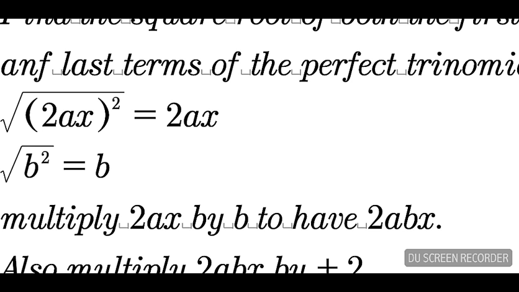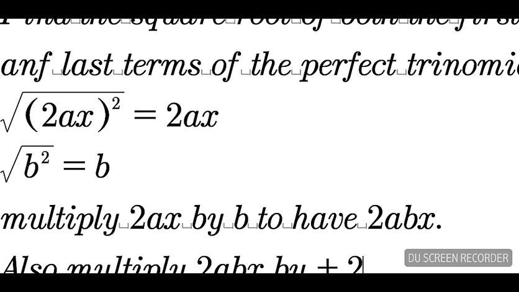We take plus or minus depending on the sign of the middle term from our equation. If the sign of the middle term is plus, we shall multiply by plus 2. If the sign is minus, we shall multiply by minus 2.